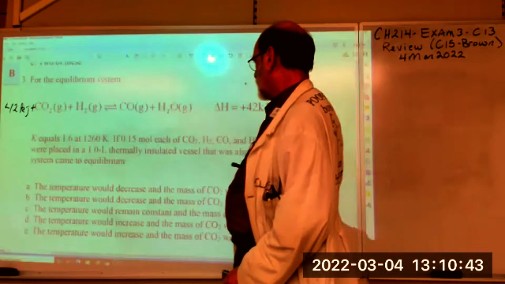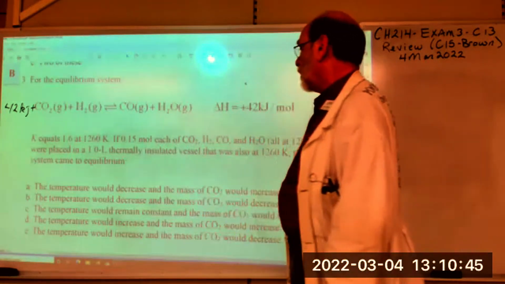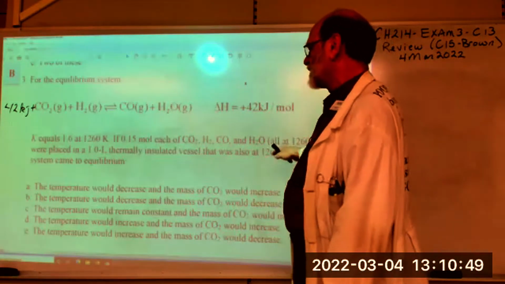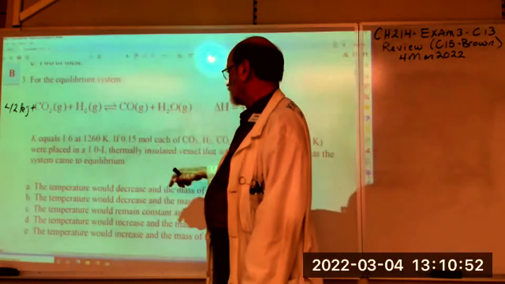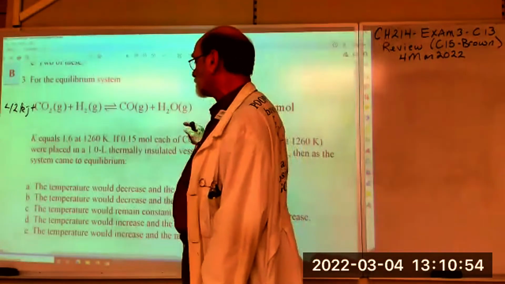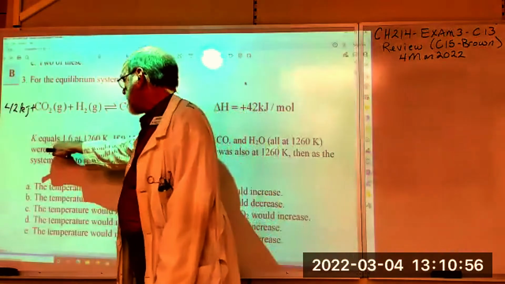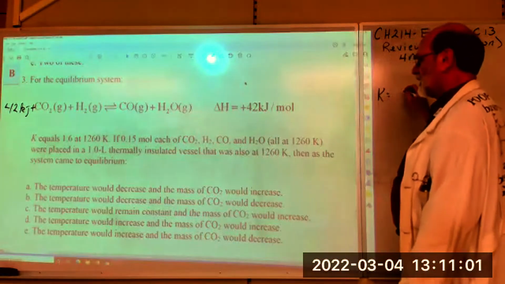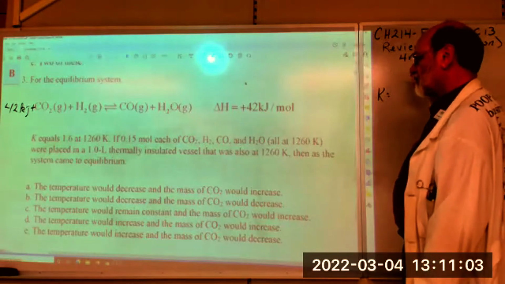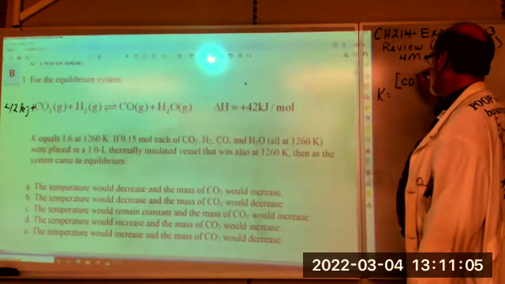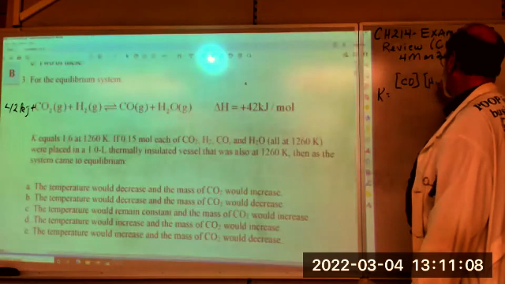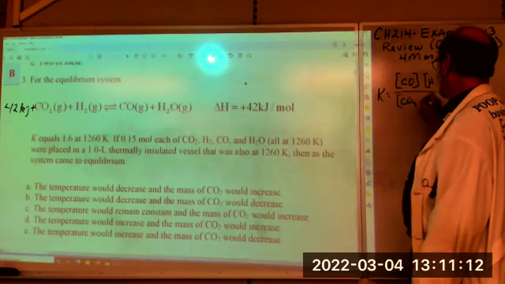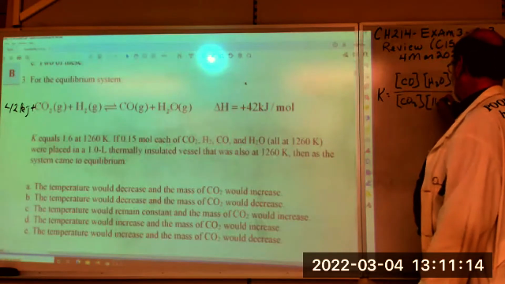Then as the system came to equilibrium, well, all we can calculate from this is the Q value, unless we can say, oh, the K equals 1.6. Okay. So K would be the concentration of CO to the first power, H2O to the first power, divided by CO2 times hydrogen.